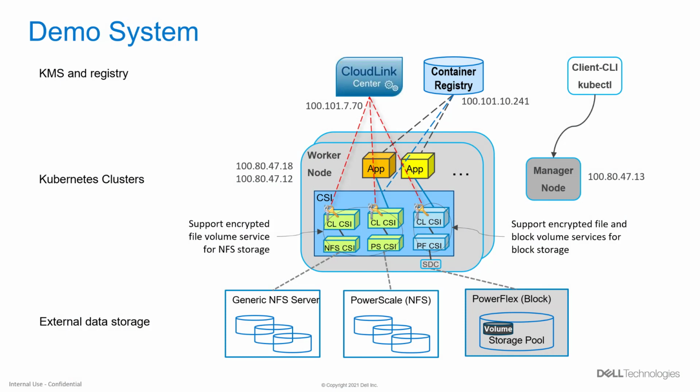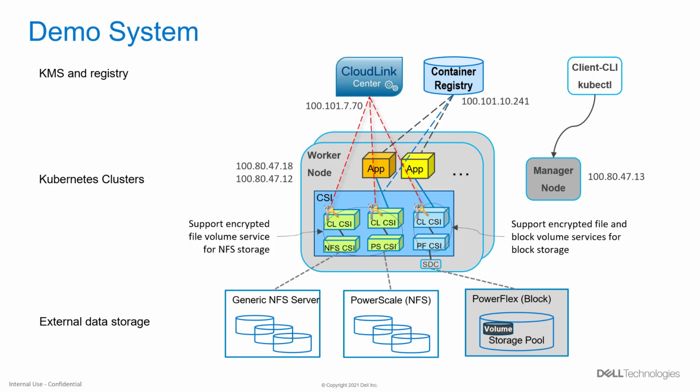First, here is a high-level look at the demo system, which, like any Kubernetes deployment, consists of 3 layers. At the first layer, we have CloudLink, the container registry, which holds the container images, and the Kubernetes command line to control the Kubernetes cluster. Layer 2 consists of a 3-node Kubernetes cluster, 2 worker nodes, 1 manager node, and container storage interface plugins, which connect to Layer 3.